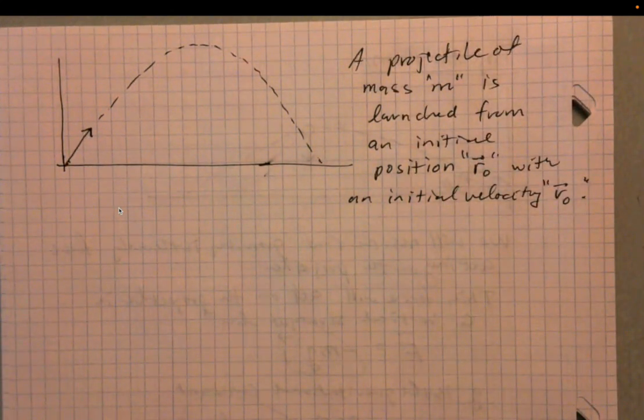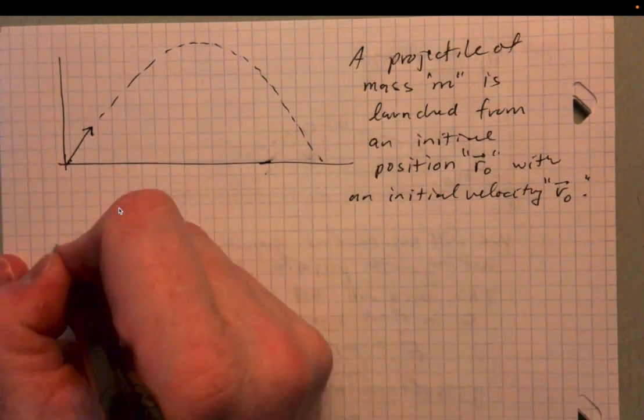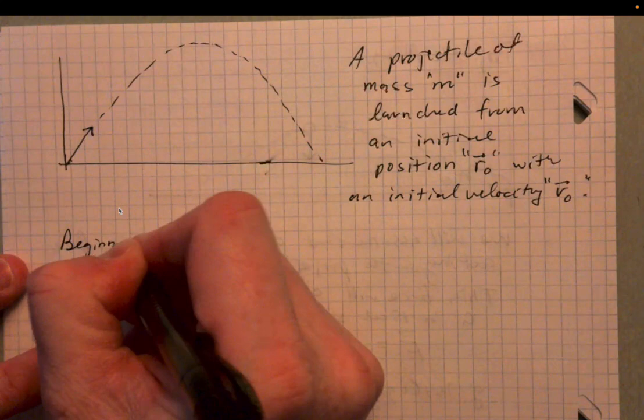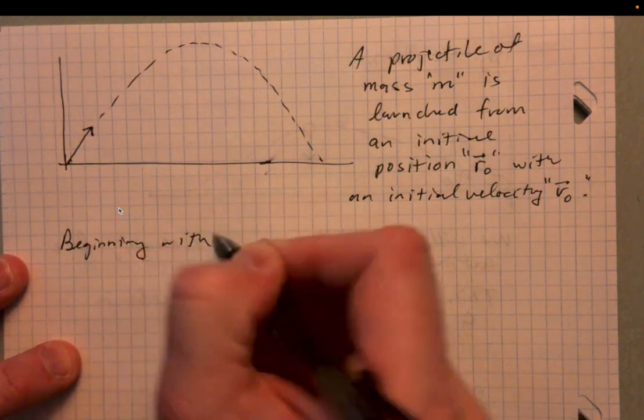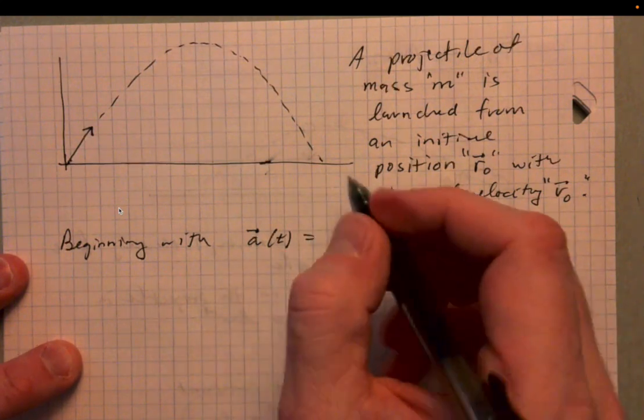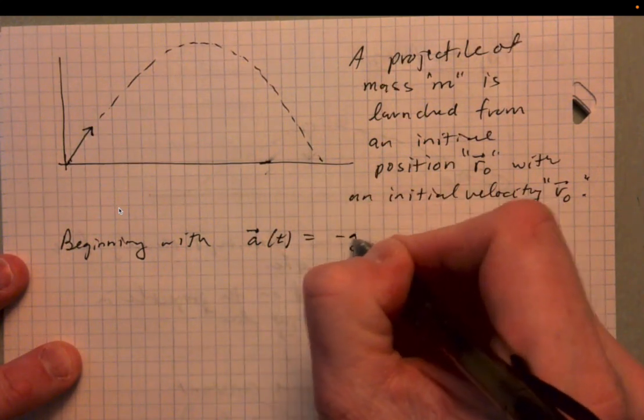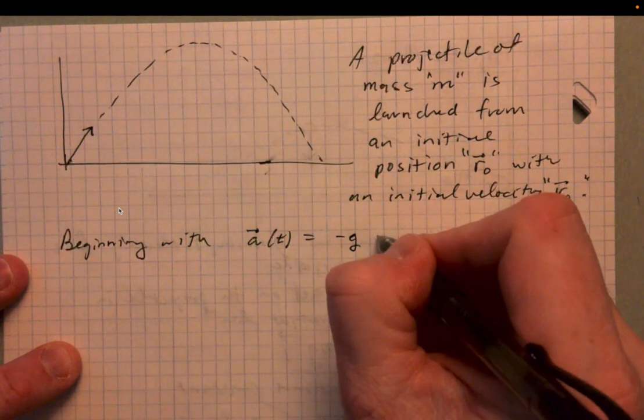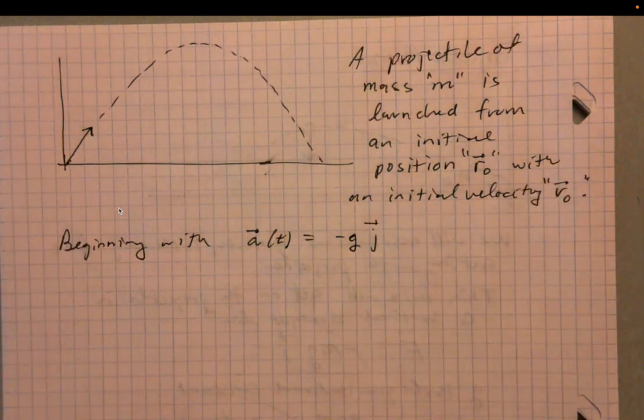Okay, so we're going to begin with the acceleration that we just derived. Acceleration as a function of time is equal to this constant, negative g times the j vector.